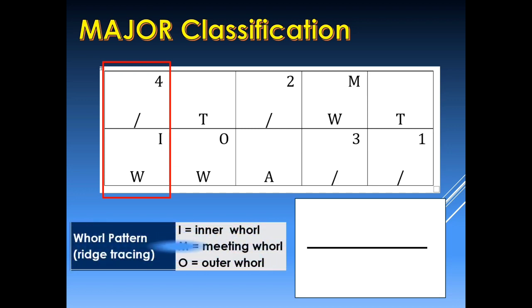So if this is again a whorl pattern, we are going to represent it with the ridge tracing. So in here, we will simply copy since it is already given. We are going to place here letter I, which stands for inner.